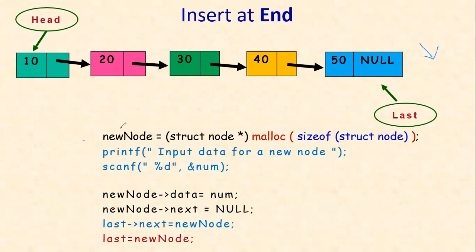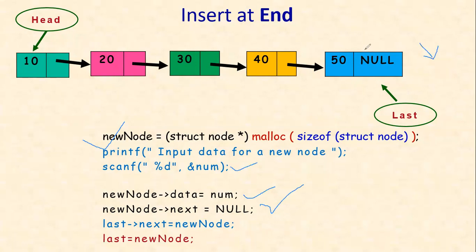The first thing is you have to create a new node. Then we will read a new value and keep that value in the new node. These three steps are the same, and this fourth step is also the same, because you are putting that node at the end. So new node next is equal to null, which means the created node's next is null.